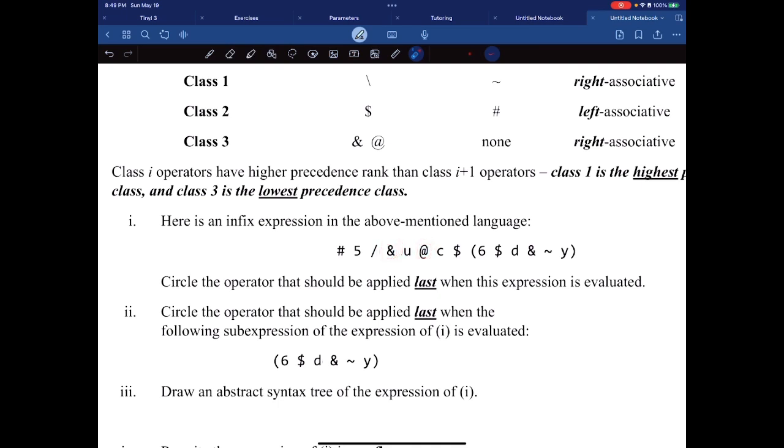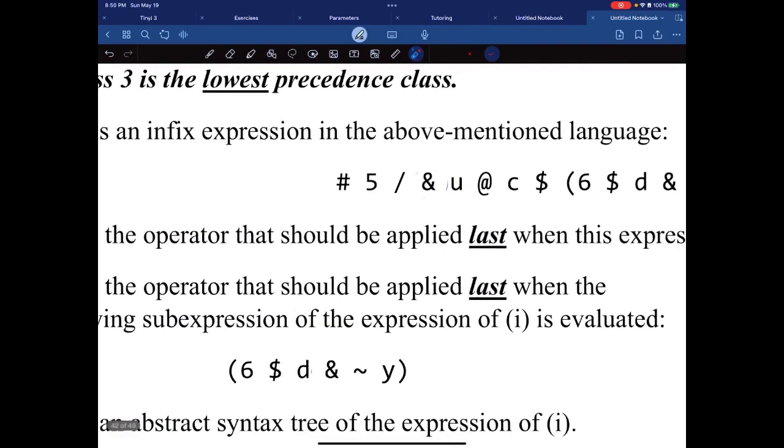Since we have two operators, we need to figure out which one is going to be applied last, and for that we would use the associativity. For right associative, the one that's leftmost is going to be applied last. And for left associative, the one that's rightmost is going to be applied last. In this example, we have ampersand and at. The ampersand is leftmost, so this one is going to be applied last.